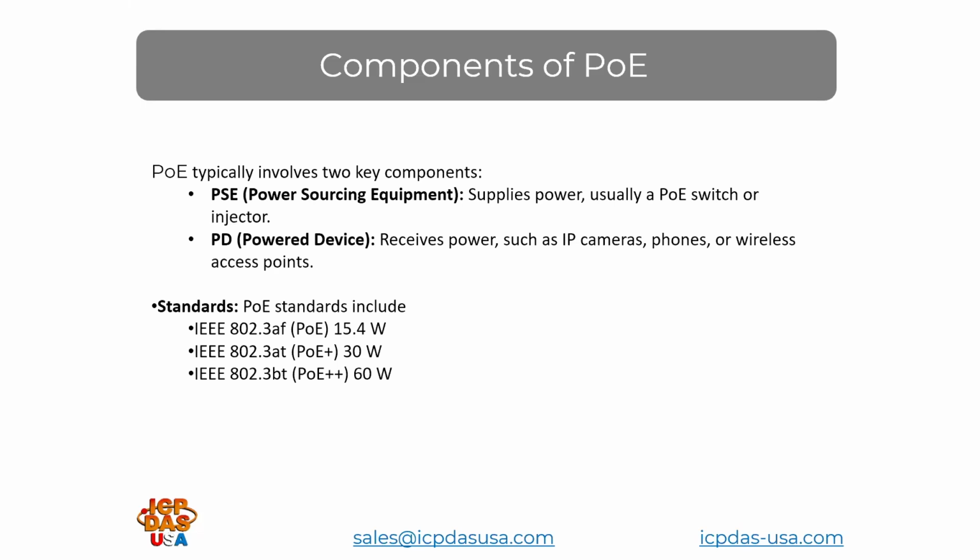There are a few PoE standards. The most typical one provides 15.4 watts of PoE power. This is termed standard PoE. Then there's PoE Plus, which supplies up to 30 watts of power. All of this is at about 48 to 53 volts DC through the PoE switch.